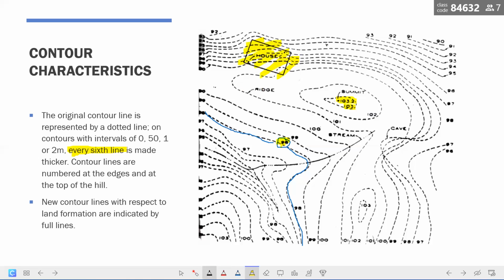If you decide to add another structure somewhere over here, don't use dotted lines like this. Otherwise, people may confuse this illustration here with contour lines.